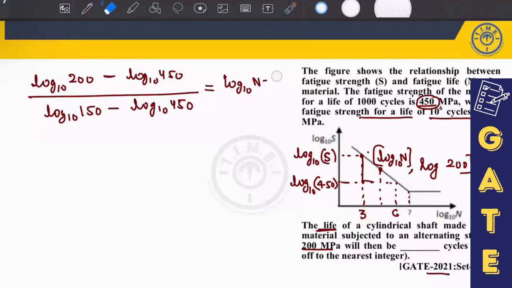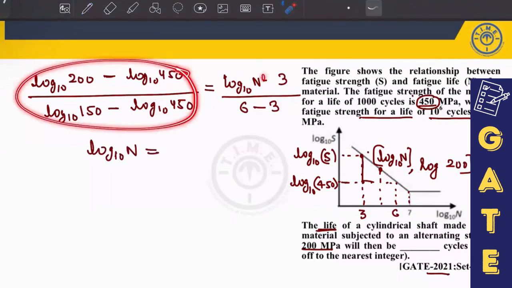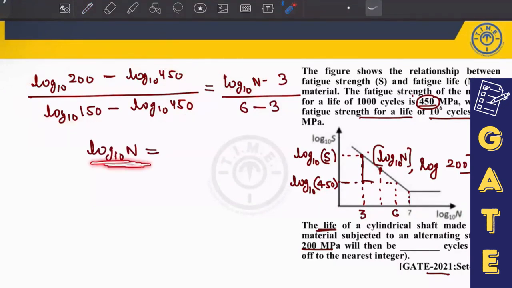So I will write simply a 3. What about this? This is 6 minus 3. So same thing we have done. Once you calculate, you will get log of base 10 n is equal to, so this numerical value you can easily calculate. So anyone, can you please tell me what is this value you are getting?